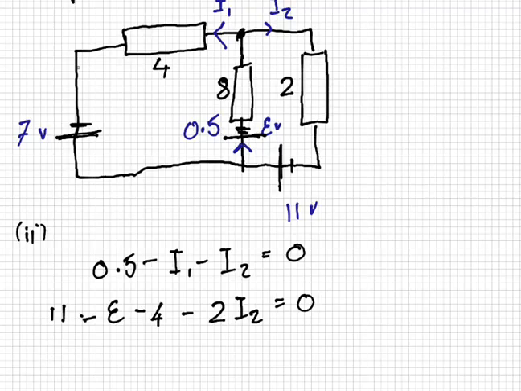Oh, wait. Let me take the outside one. I think that's easier because I don't have to have an E in the middle then. So we'll start with the 11 this time. 11. Now, plus or minus? Minus 7. And then here, plus or minus? Ah, no. Plus 4I1. And then here, minus 2I2 equals 0.